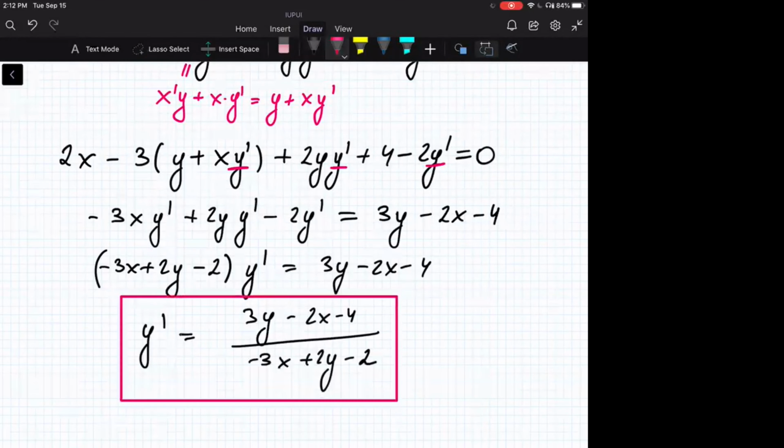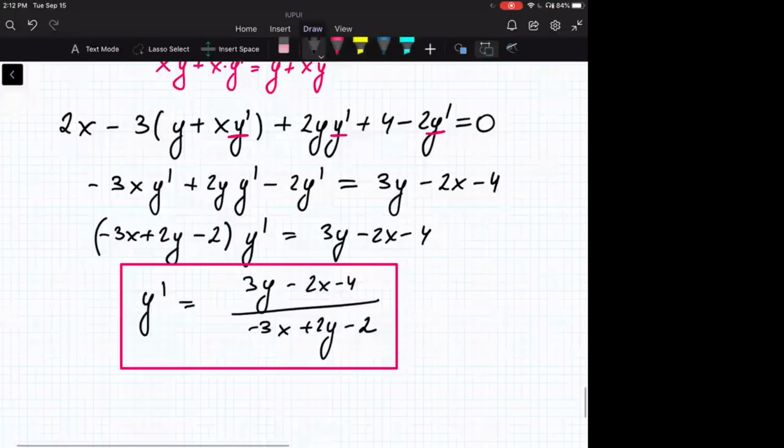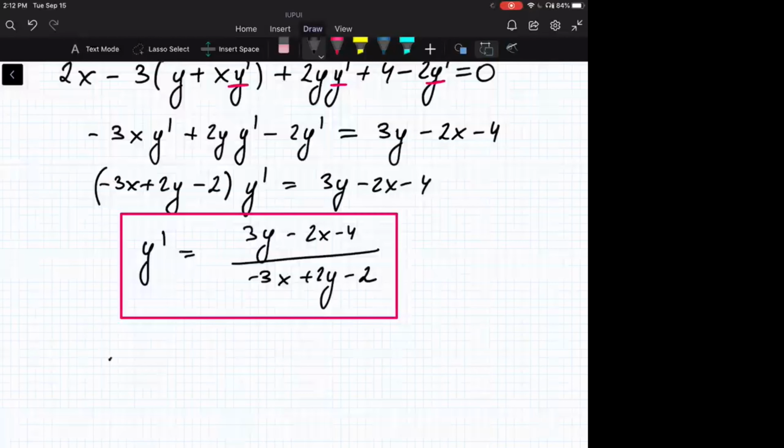And this is the final answer, or not the final answer, because now I want to find y prime at point P that has coordinates 1, 4.